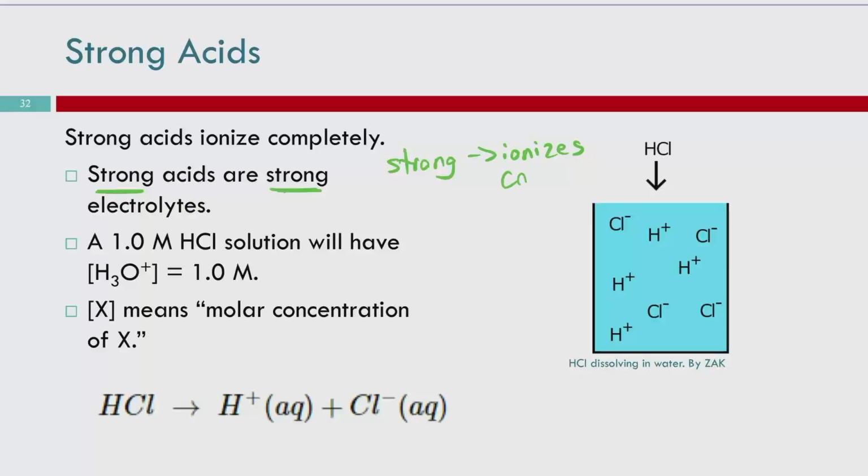What this means is that you will not see any of the formula units intact. So if we add HCl into water, it completely separates to H plus and Cl minus. No HCl units in solution.